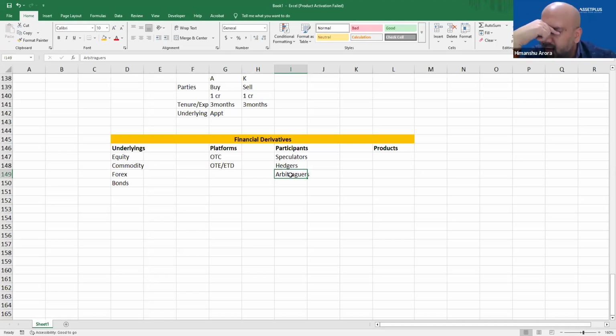So I will go to the bank and tell them that, see guys, 3 months later, I'm expected to receive $1 million. I do not know, you do not know what the prices will be. Let's enter into the contract. I should be able to sell my dollars to you at 84.90. Today's price is 85. I should be able to sell you dollars at 84.90 in your favor 3 months from now.